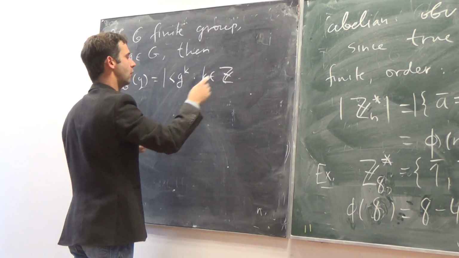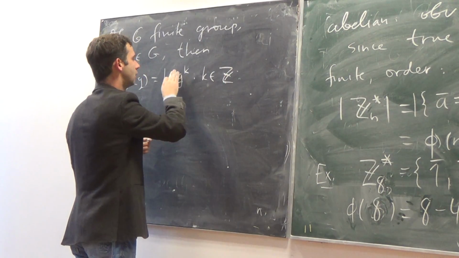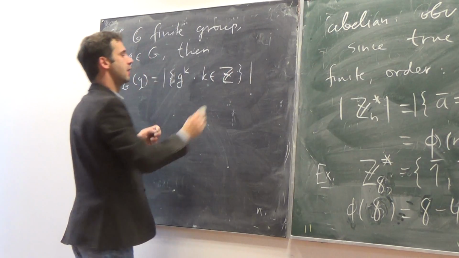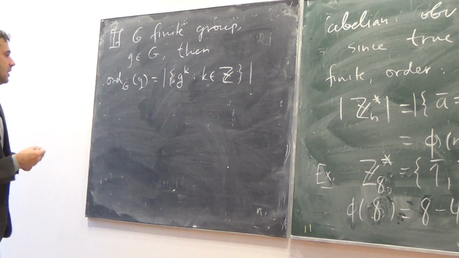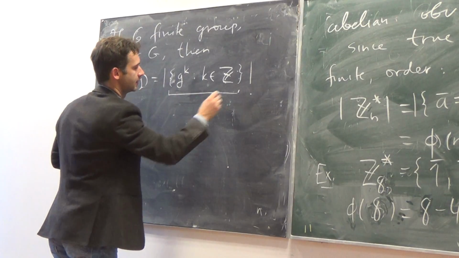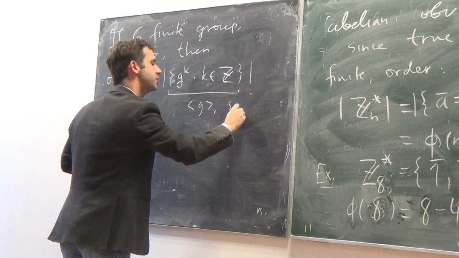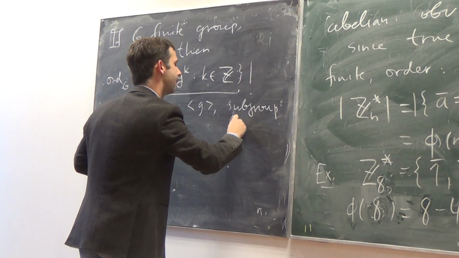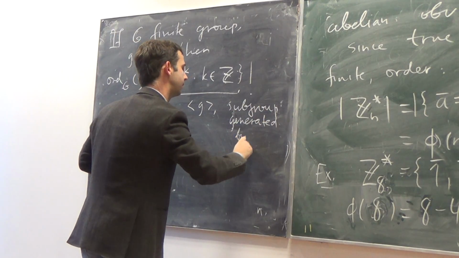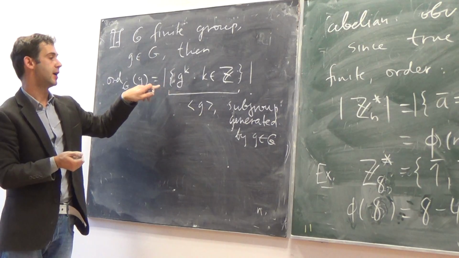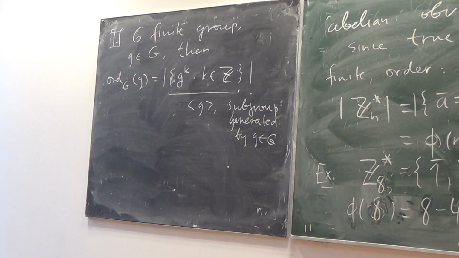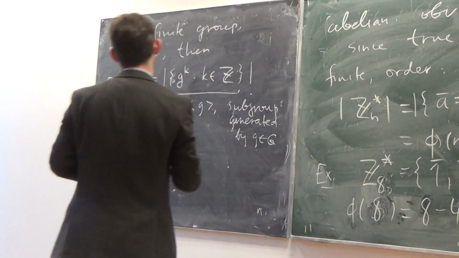I look at various powers of g, positive and negative, which forms a subgroup, and then I count how many elements there are in this subgroup.